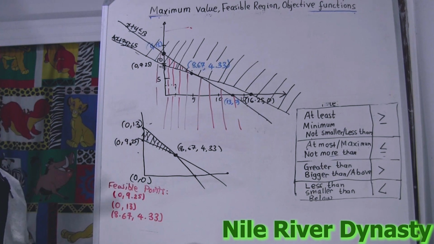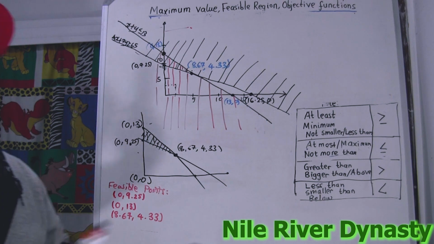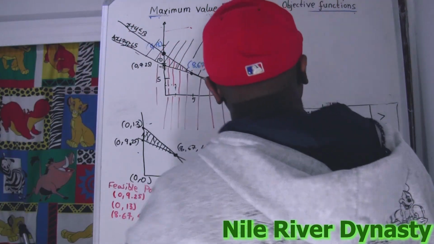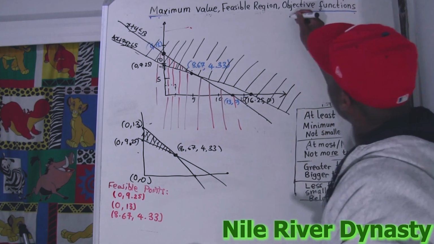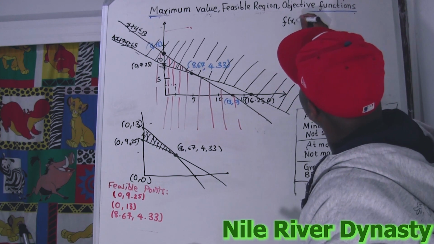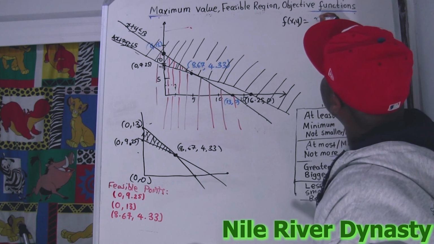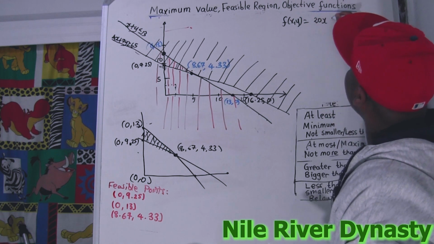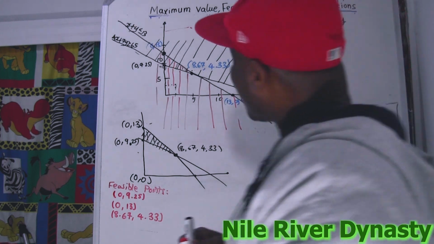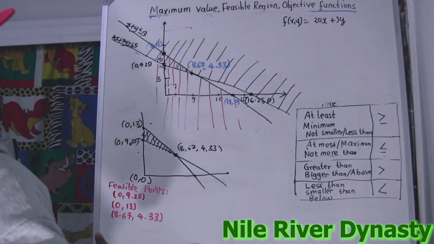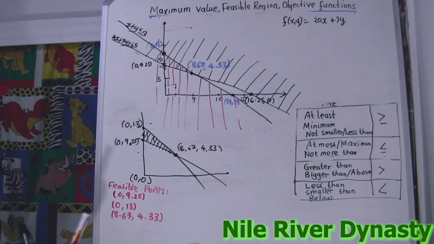Since I got my feasible points, for this question they did not give us the objective function. But let's say we have an objective function, let's say 20x plus 3y. I'm just saying. We want to know which one is going to give us the maximum. It could be profit or whatever information you have.